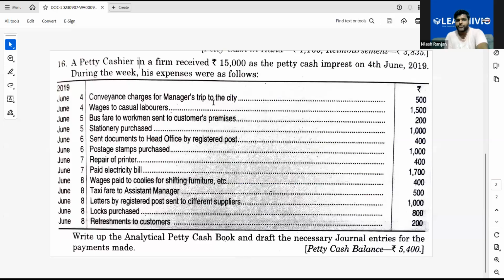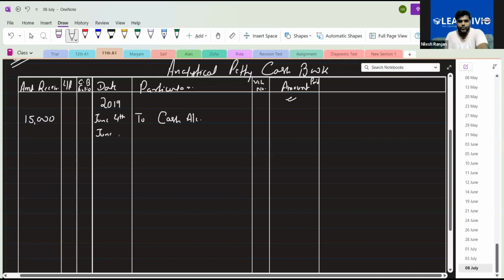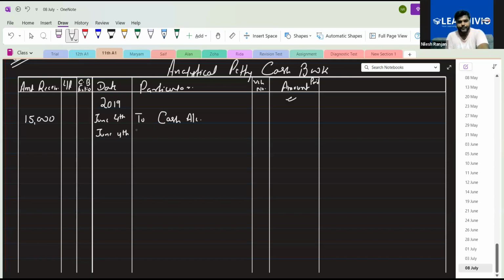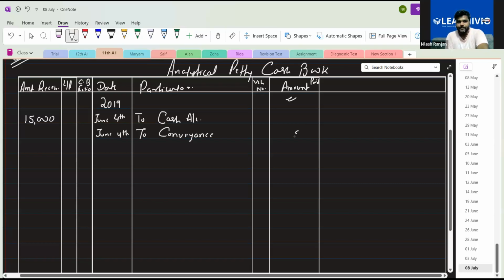So conveyance charges for manager trip to the city, 500, June 4th again. So June 4th, to conveyance charges, it is 500.